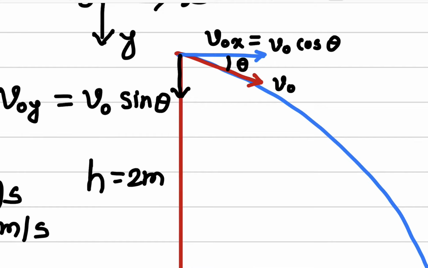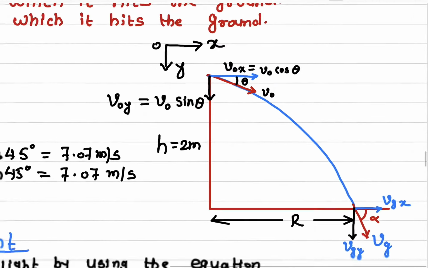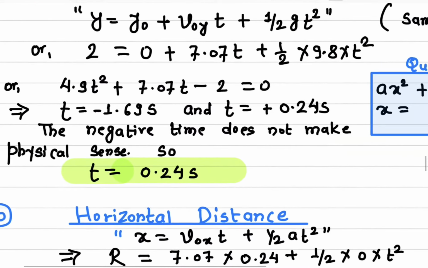Here, we're launching the projectile at an angle theta in the downward direction. Now, if we had launched the projectile at an angle theta in the upward direction, then this velocity component would be in the upward direction. And in that case, the time it would take to reach the ground would be t equals 1.69 seconds, and this would be the negative time.